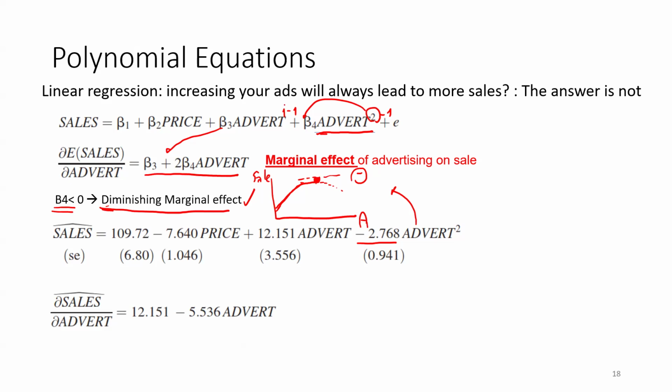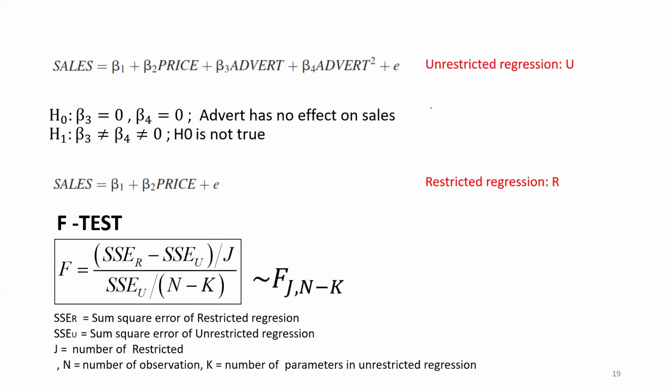Then a further problem is that if I would like to test whether advertisement has an effect on sale or not, this time we have two terms here, right? Adverse and adverse square, which means I have to test two variables together.